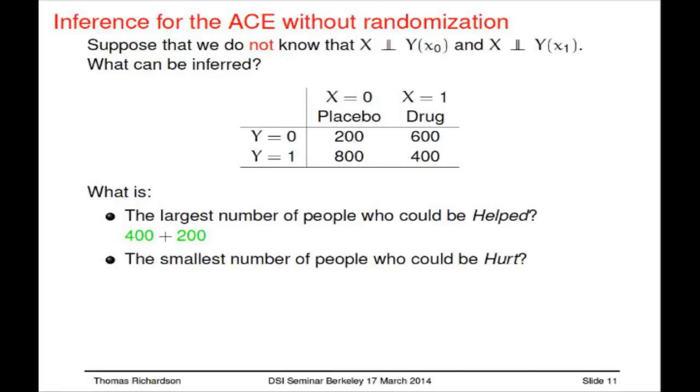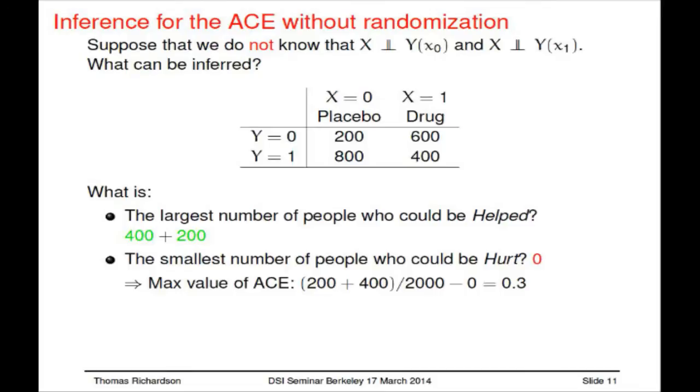They must have been of type never recover. And likewise, the 800 people down here who lived even though they didn't get the drug must have been indestructible. So we're going to claim that all these people down here are of type always recover, all of these people up here are of type never recover. So we're going to claim that no one is of type hurt. And so our estimate of the average causal effect is going to be 0.3.